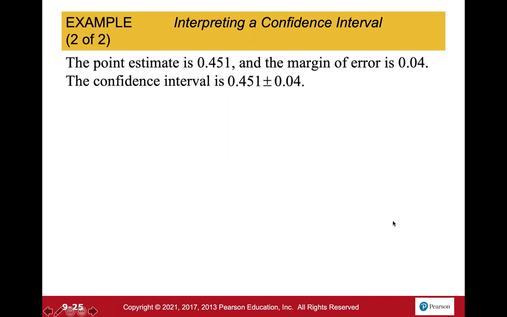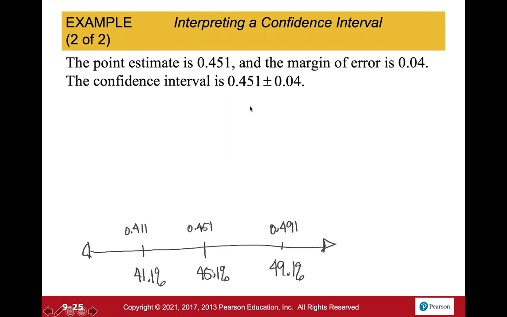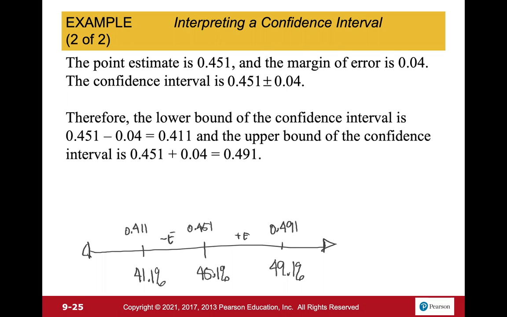And let's see what they did. They wrote it out this way. You could still keep it that way. I just wanted to write it out this way so you could see exactly what happened. So we're subtracting E over here, adding E over here. We have our sample proportion here, and we're adding or subtracting 0.04 to get the confidence interval. And there we go.